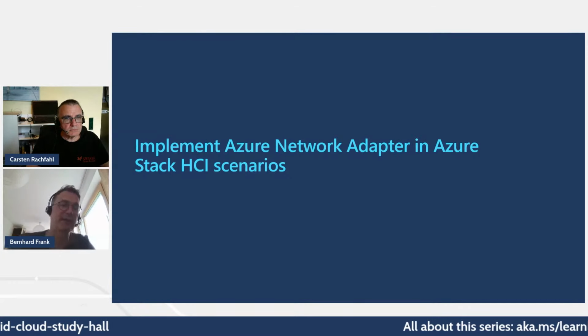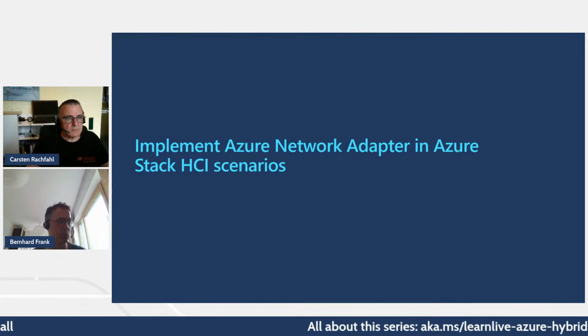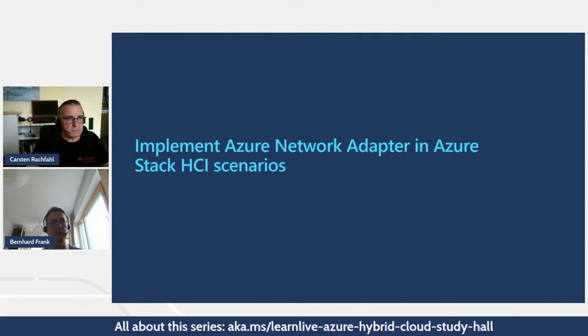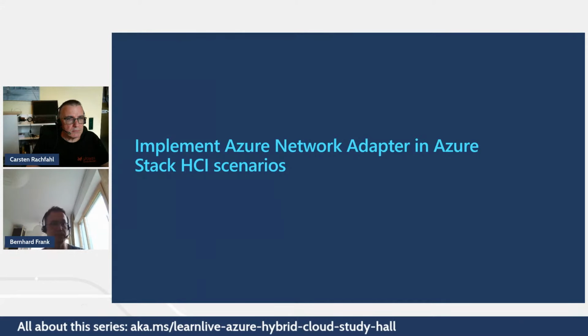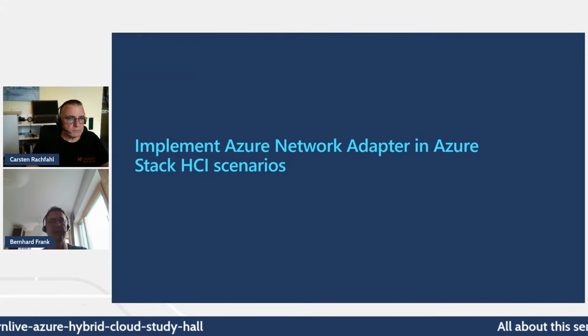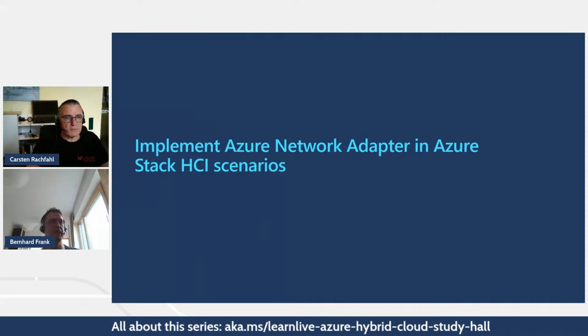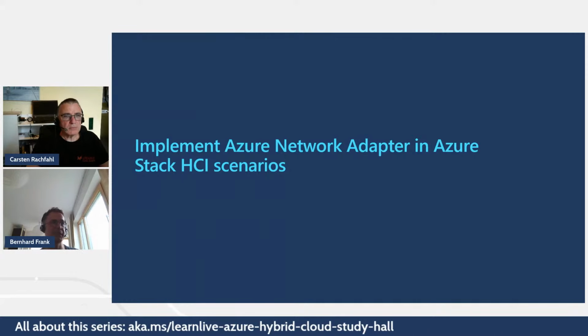So it's like a point to site connection sort of thing, like these road warriors have with their laptops running around, going to the internet cafe and hooking up a private VPN connection, right? So that's sort of a thing for servers with the Azure Virtual Network Adapter in Azure Stack HCI.